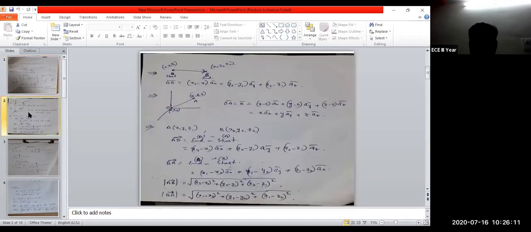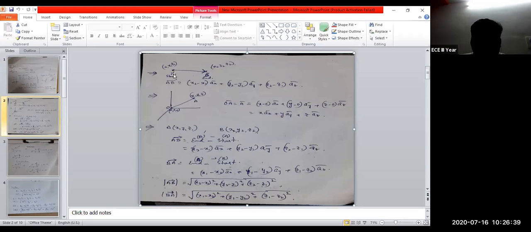We already studied the dot product and cross product. Now we will study a position vector or a distance vector. Every vector is represented by an arrow mark, which has a starting point and an end point.